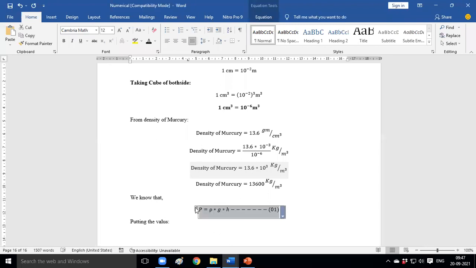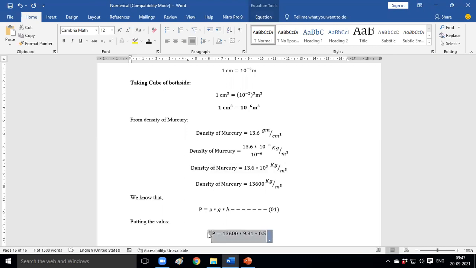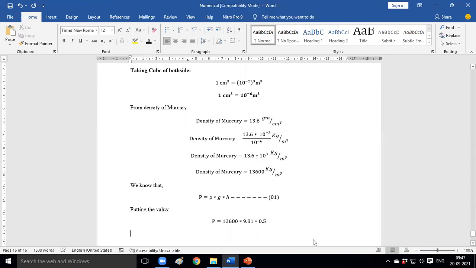What is the density of mercury? 13.6 into 10 to the power 3 or 13,600. g is 9.81 and h is 0.5. You do the calculation of this equation and tell me the value of pressure exerted by mercury column.